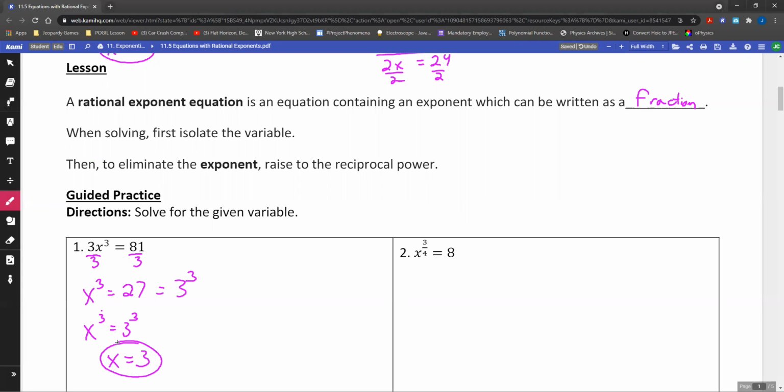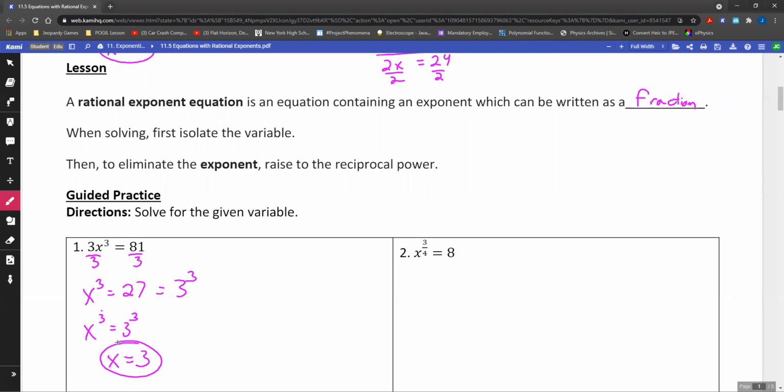Over here, all right, we need to get rid of this exponent. So how are we going to go about doing this?